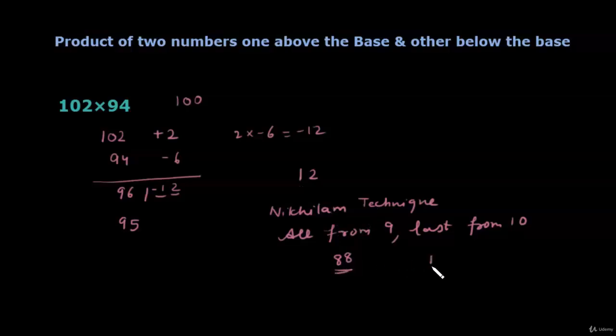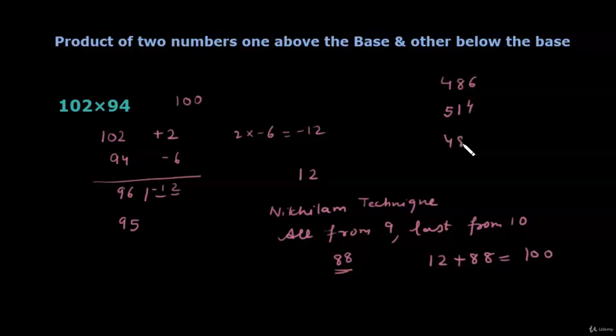Complement of a number is the number which when added to the number gives us the base 100. So suppose we have to find the complement of this number. The complement of this number is all from 9, last from 10. That is, we subtract 4 from 9, we get 5. We subtract 8 from 9, we get 1. And last from 10, 6 from 10, that is 4.